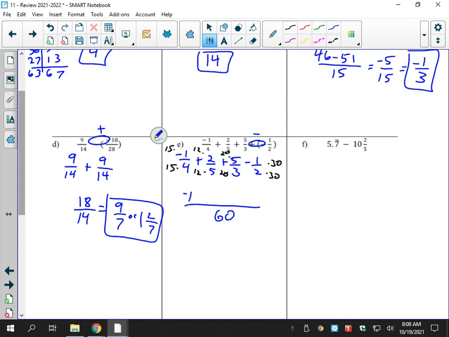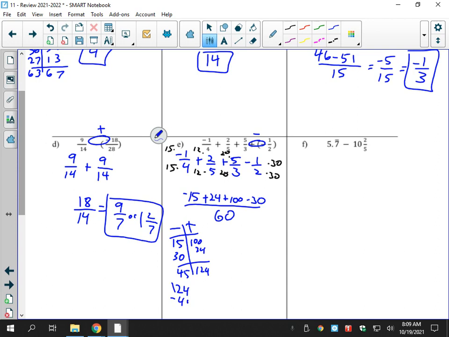15 times -1, -15. 12 times 2, 24. 5 times 20, 100. And -1 times 30, -30. Now we can set up team game with just our numerators. So negatives have 15 and 30. Positives have 124. So 124 for the positives and 45 for the negatives.